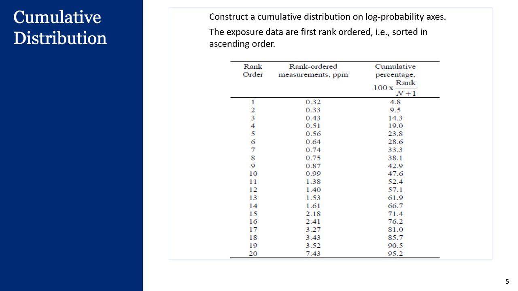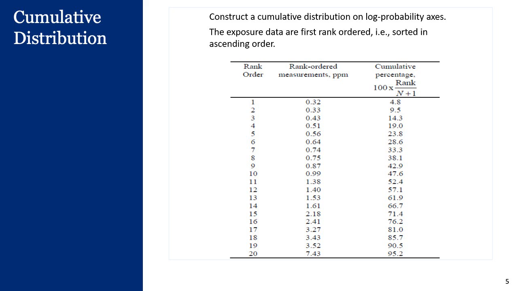So let's first construct a cumulative distribution table that we can then plot. I'm using the same data points as I showed in the table previously, except now they are rank ordered, meaning they are sorted in ascending order from the smallest to the largest value.